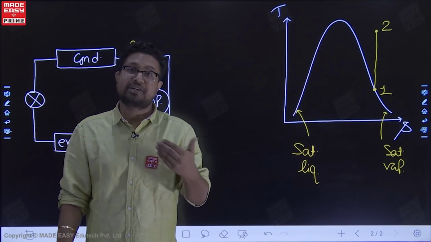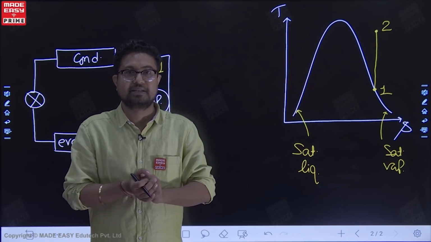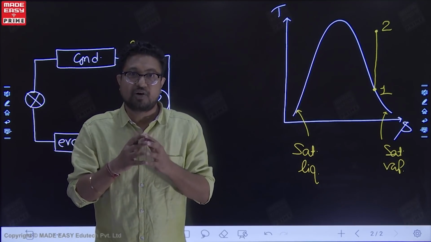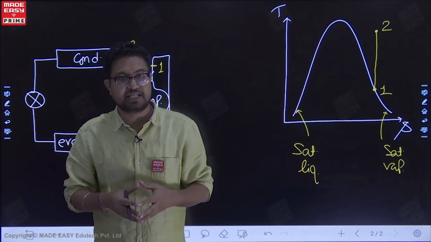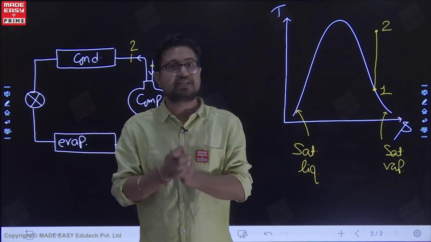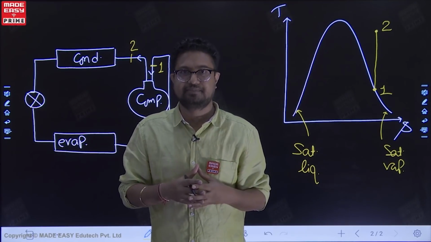Now, up to what pressure should we compress? This depends on for what purpose you will be using this VCRS system. So, let me take an example. Suppose we are using this VCRS system for making a refrigerator.